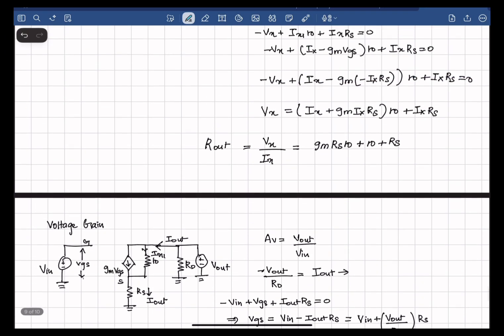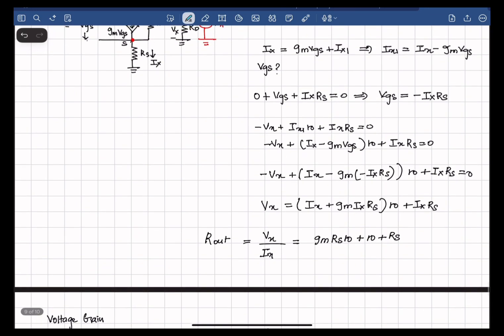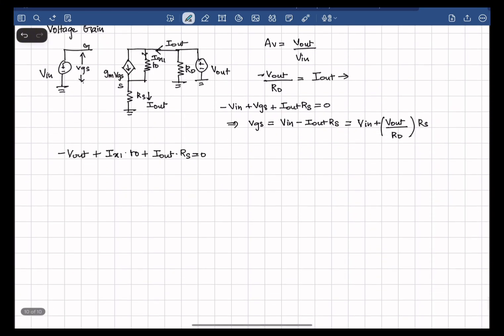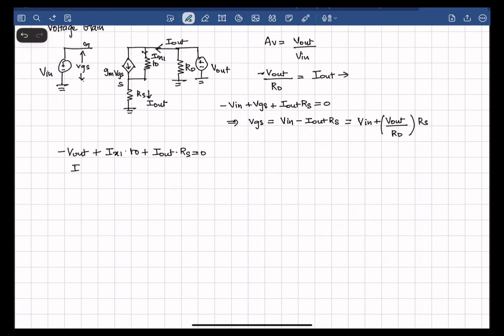Previously, when we were calculating the output impedance, we saw that Ix1 is equal to Ix minus Gm into VGS. So let's plug that value in here. Ix1 is equal to Ix minus Gm VGS.